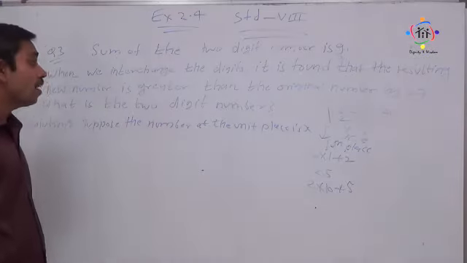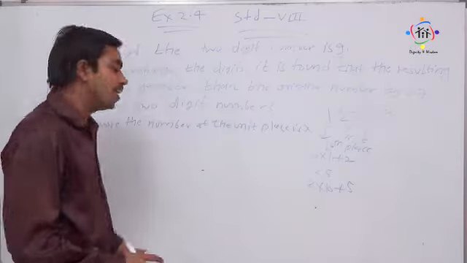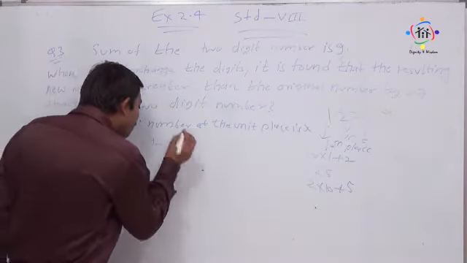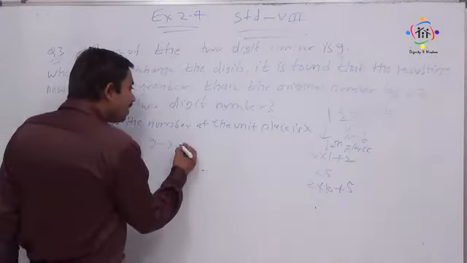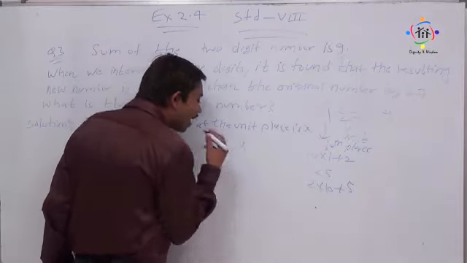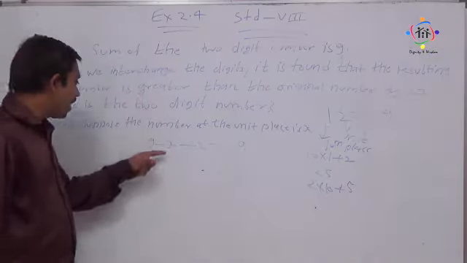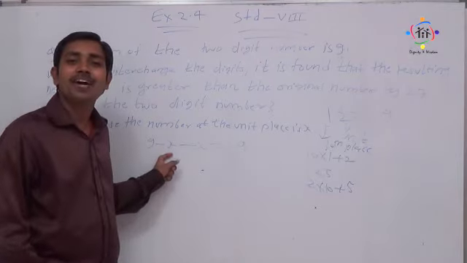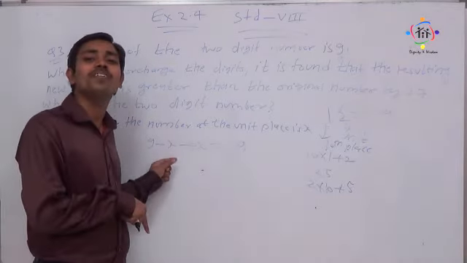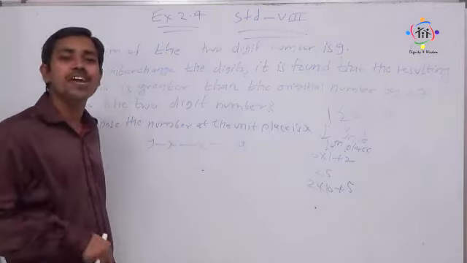Am I right? Then what will be the number at the 10th place? It will be 9 minus x. Why? Because the sum will come to 9. Is it clear? Where x is any arbitrary number, a general number, not a particular number. And therefore we can write in this way, it is allowed.